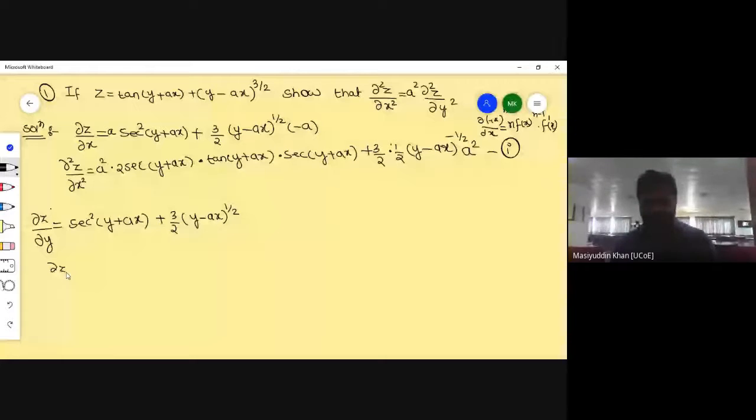dou square z by dou y square, which is equal to, we have to differentiate in a similar way.